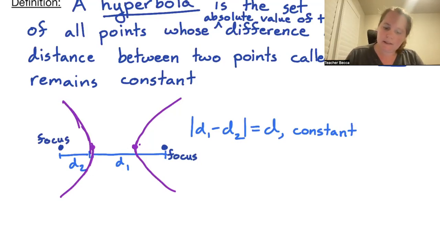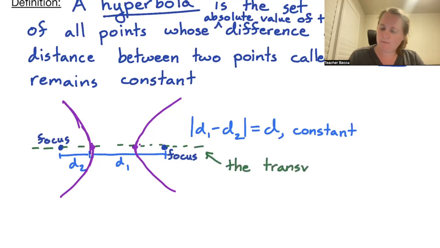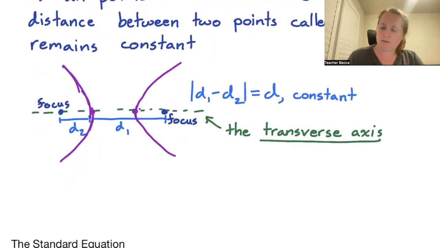The axis that runs through the foci, which the hyperbolas open around, is known as the transverse axis. So the transverse axis is the line that runs through the foci.